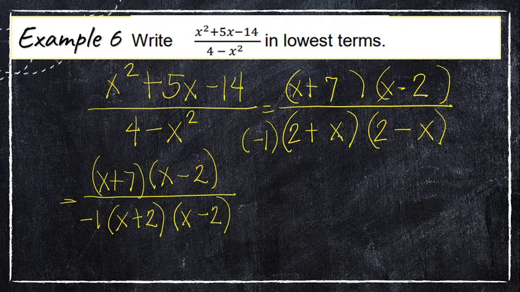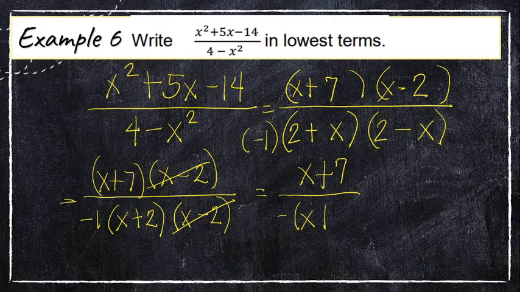Since 2 and x are the same and they are both positive, we're going to arrange it. We're going to write first the x plus 2. So I just write here the negative 1 for the 2 minus x. Now cancel x minus 2. So the answer will be x plus 7 over negative x plus 2.